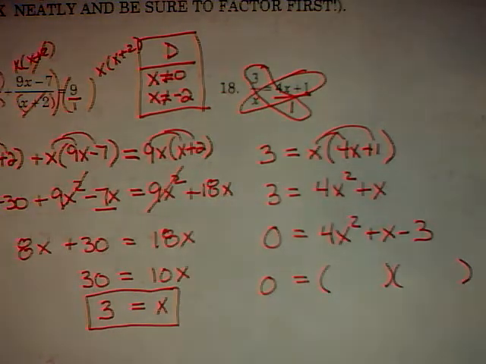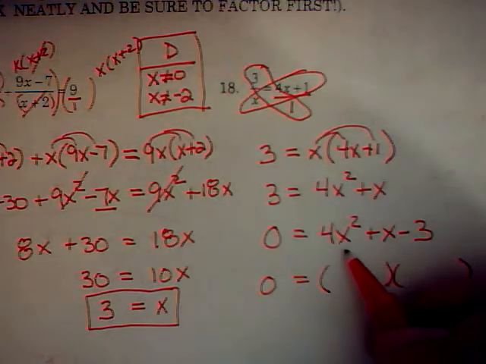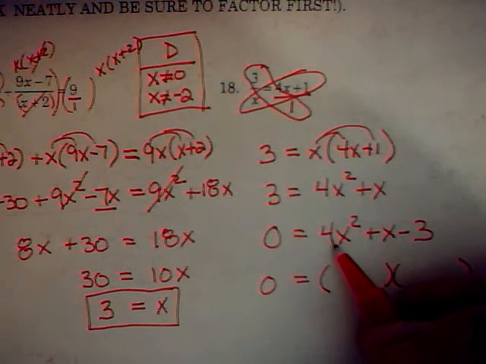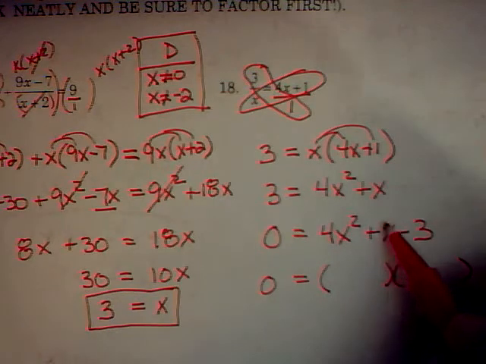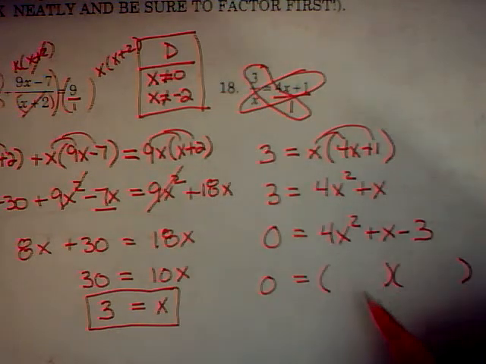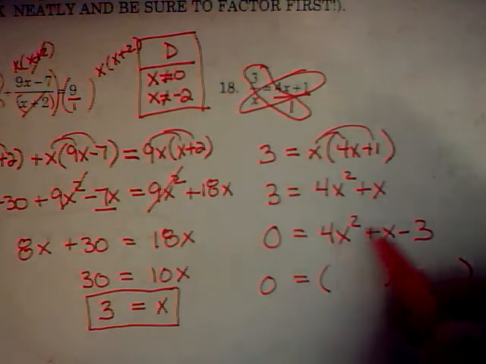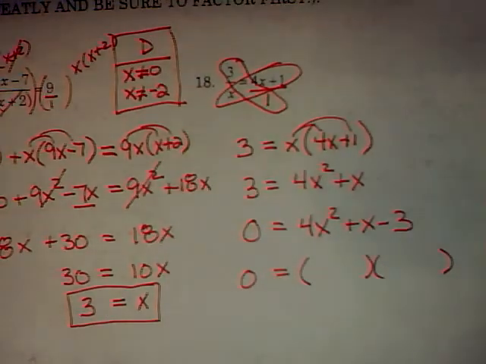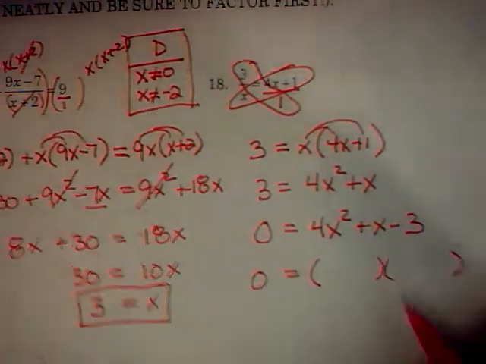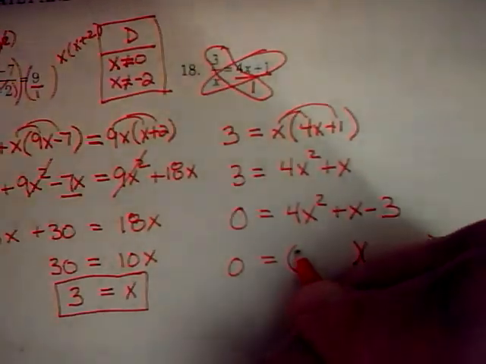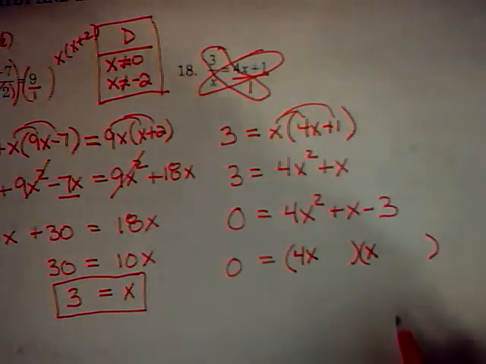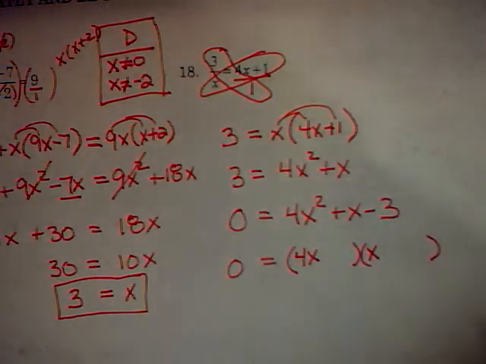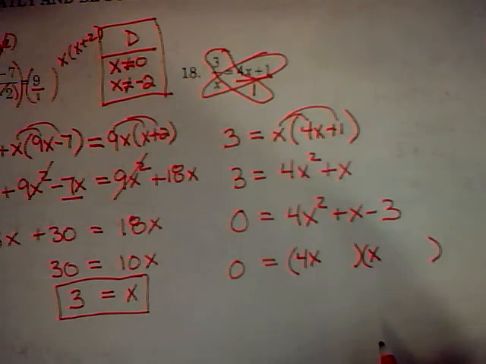Okay. So for the first term, we could use 1 and 4 or 2 and 2, but thinking ahead here, since we're going to have a 3 here and a 4 there, we can get a 1 out of a 4 and a 3 if we just go ahead and subtract 4 and 3. And since we have a negative 3, there's a possibility we can do that. So let's go ahead and try to use 4x and x. And let's try to use 1 and 3 here, but let's not let the 3 multiply by the 4 because we don't want the 3 and 4 to get you 12.